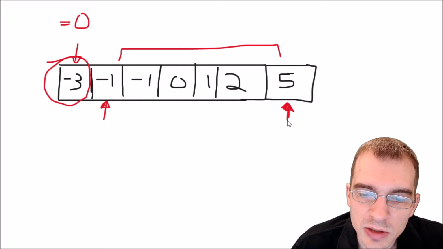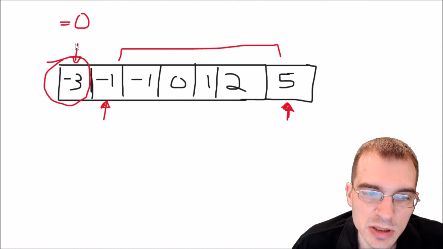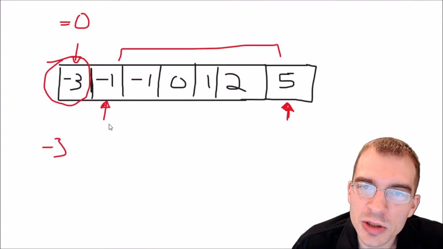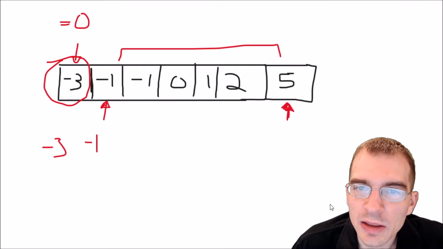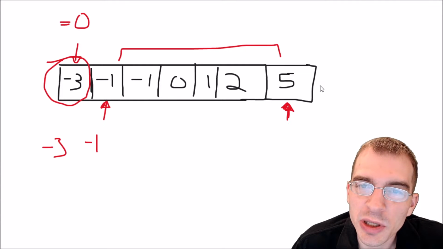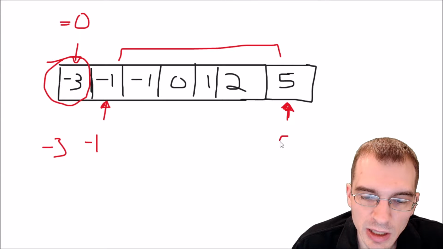So basically this is fixed, so we have a -3 here, and then our first pointer here is pointing at the value -1, and then our one at the end, that's the biggest thing in our whole list, is a 5.